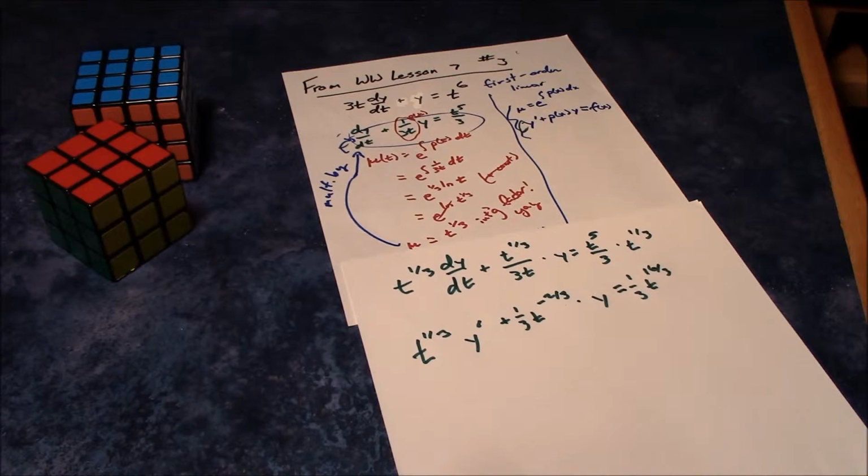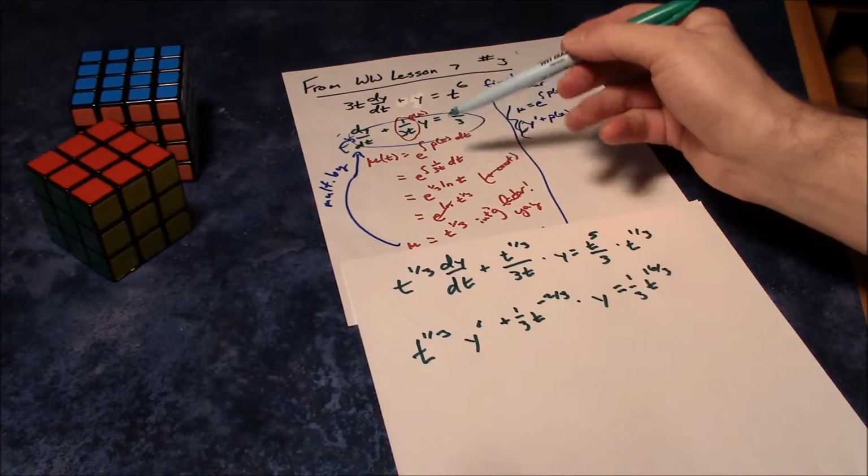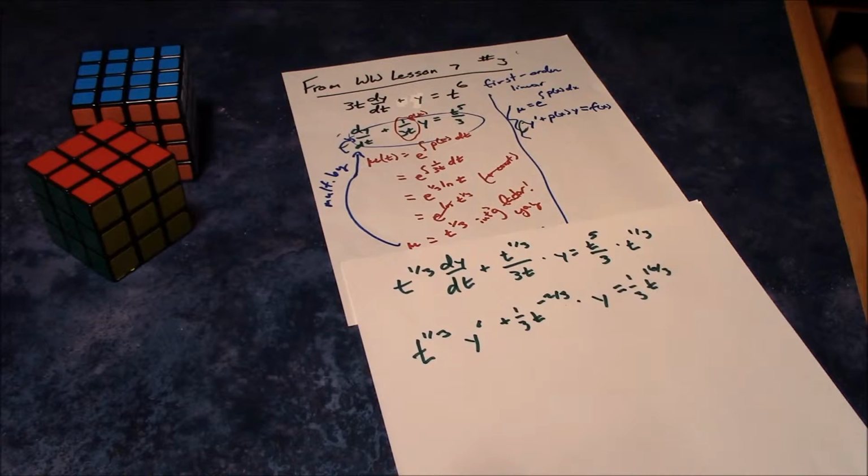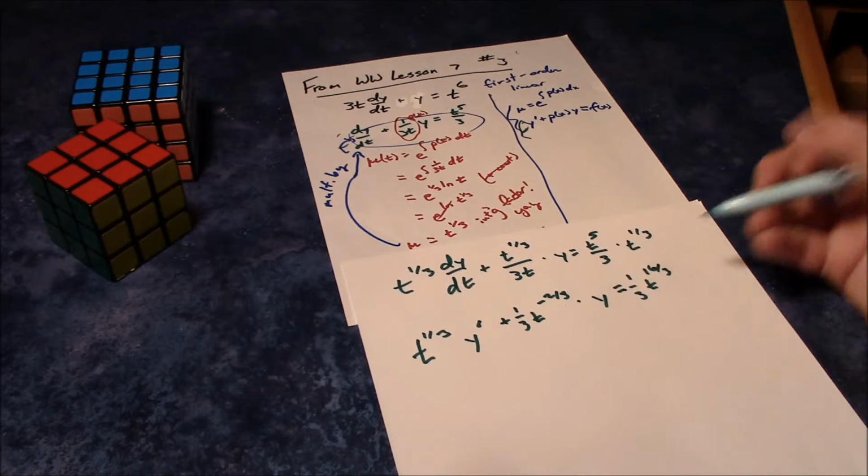Now, notice something. Here's something that will always happen with first order linear equations when you use the e to the integral thing as your integrating factor. It'll happen other times too, but definitely always in this case.